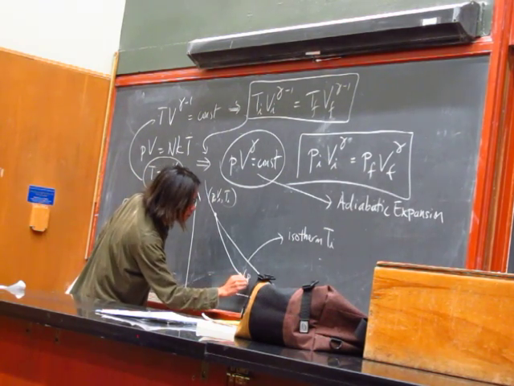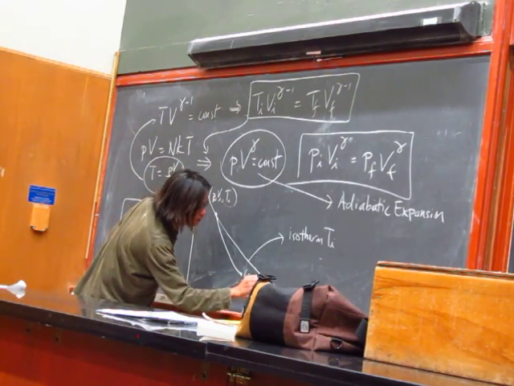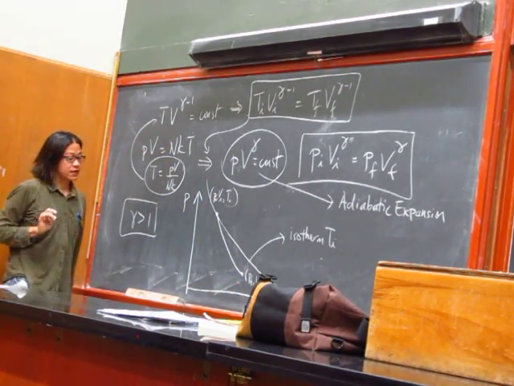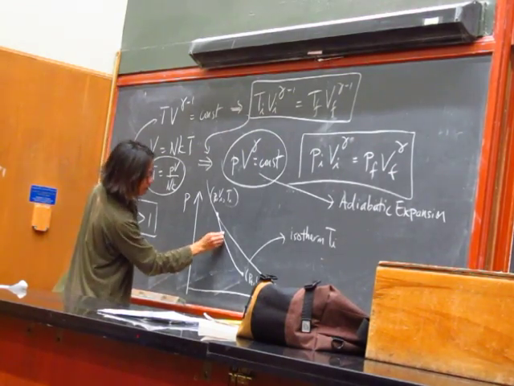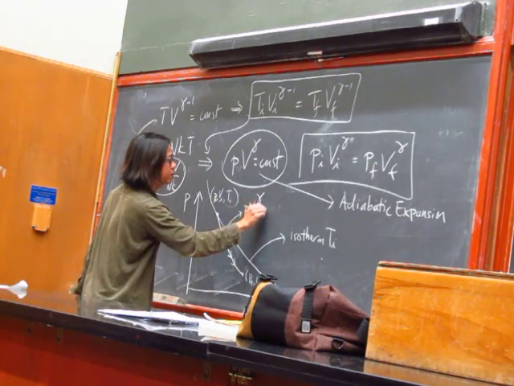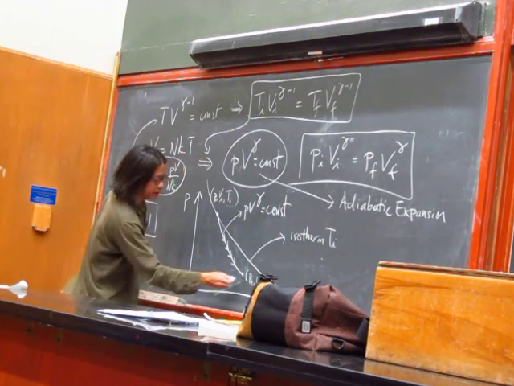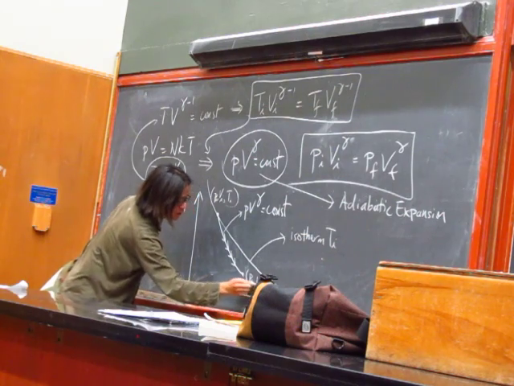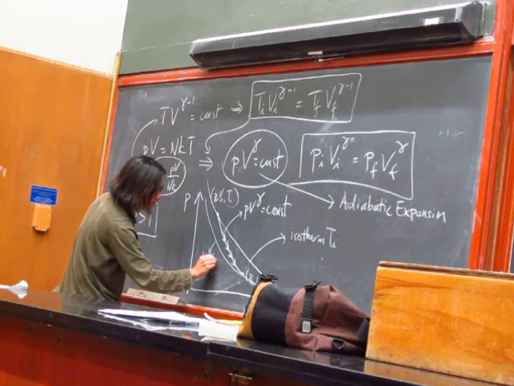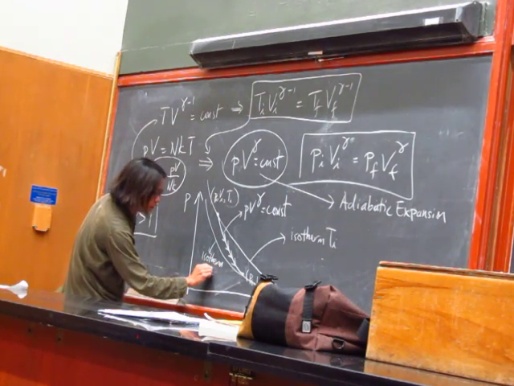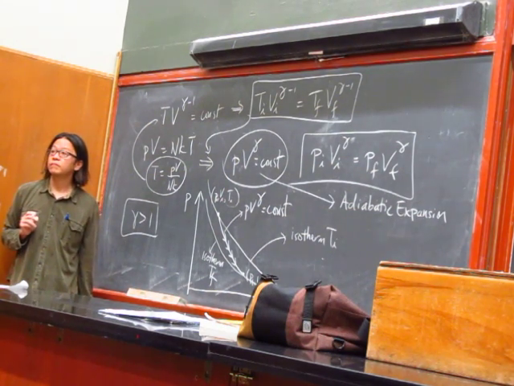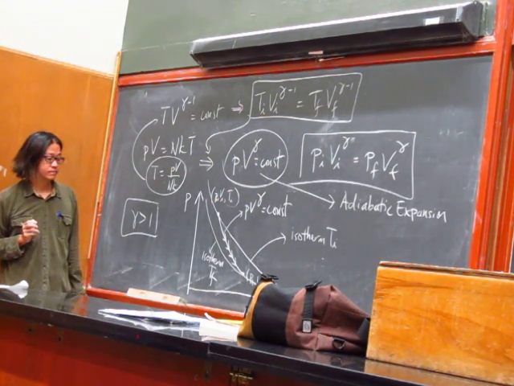This is P final, V final, T final, also related by the equation of state. And this is the process. This is the curve PV^gamma equal constant. And there is another isotherm at temperature Tf.